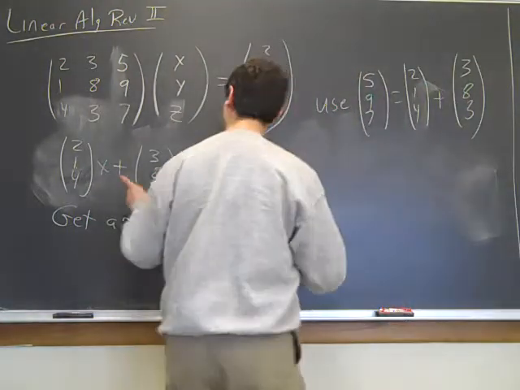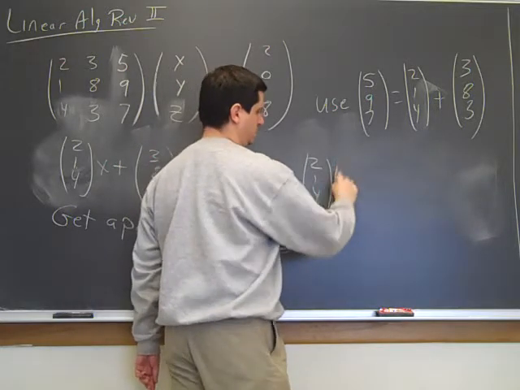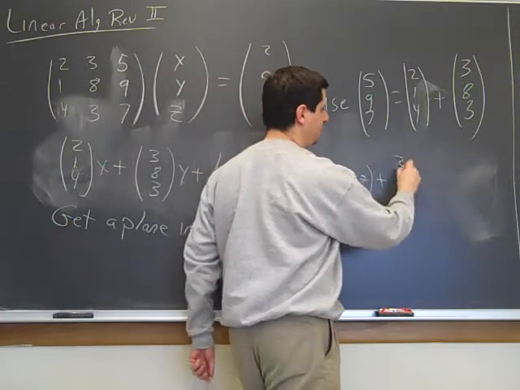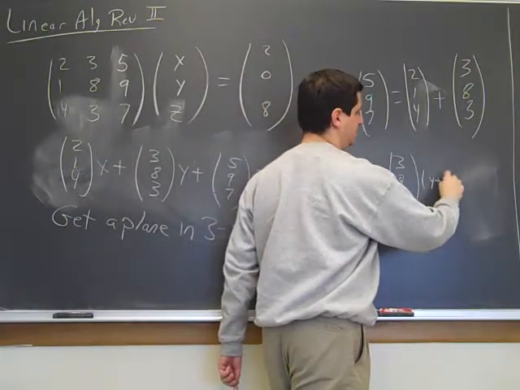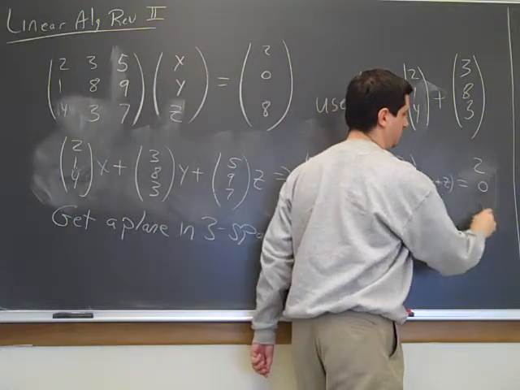So if I use that, this is the same as 214 x plus z plus 383 y plus z equals 208.